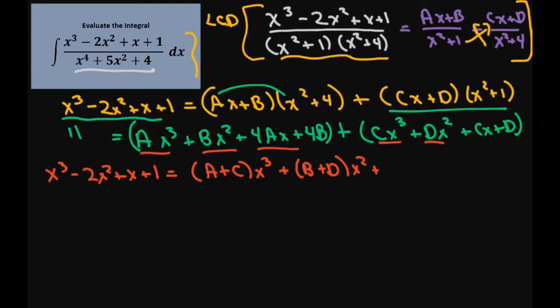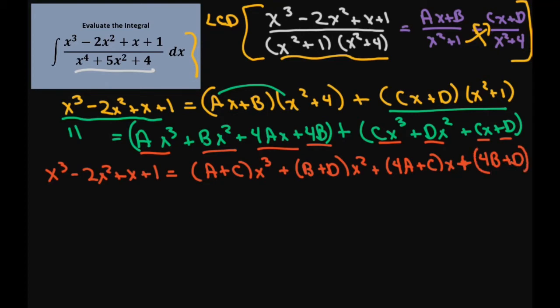And then for these x's, that's going to be (4a plus c) times x. And for our constants, that's another plus, (4b plus d). All right.